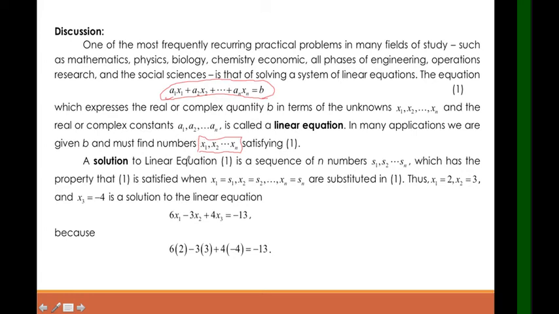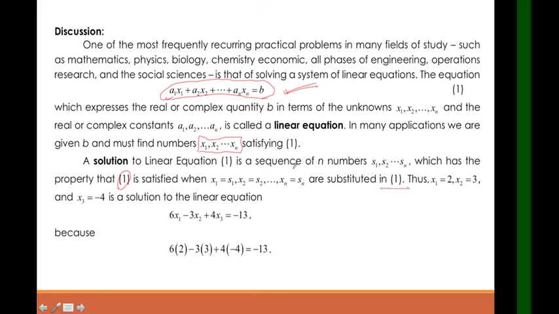A solution to linear equation 1 is a sequence of n numbers, or just a series, such as s sub 1, s sub 2, ellipsis up to s sub n, which has the property that equation 1 is satisfied when x sub 1 is equal to s sub 1, x sub 2 is equal to s sub 2, ellipsis up to x sub n is equal to s sub n are substituted in 1.